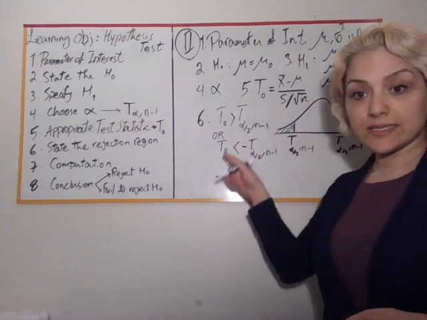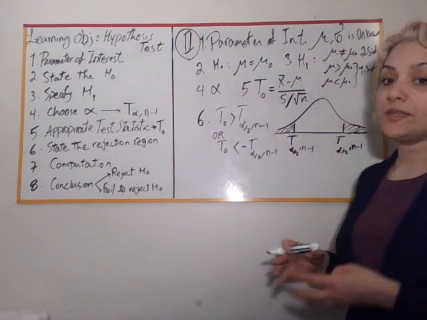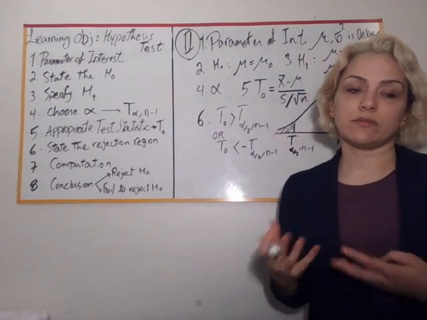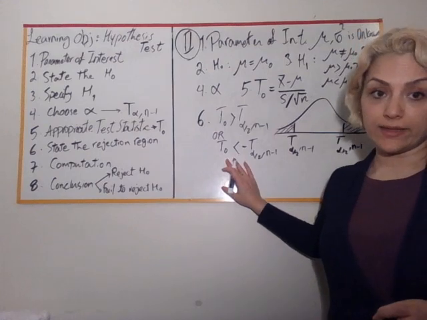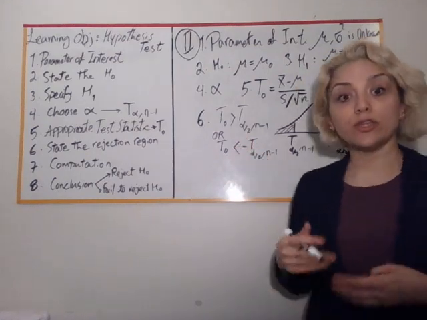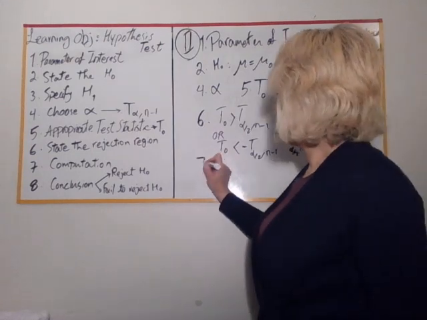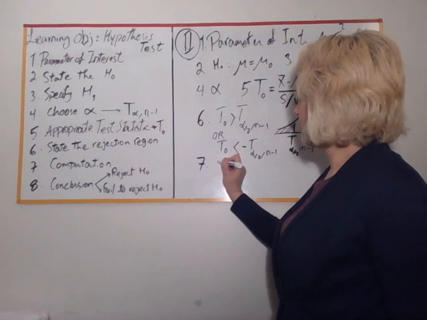So if I'm in these two regions, I'm in the rejection region, rejection area. But this is for the two-sided. If I had one-sided, instead of half of the alpha, you would put just alpha. So this is your rejection area, and then you have your computation.